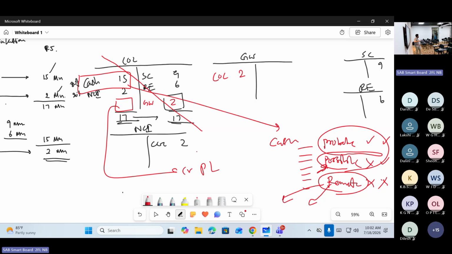You will take time, your goodwill will be incomplete and incorrect, and you will end up with very low marks. What is the simple thing you can do? You need to put a statement. This is a remote consideration. Because of that, I am not going to adjust it to the goodwill calculation.